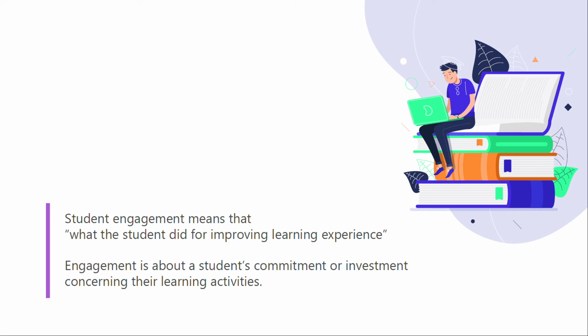What is student engagement? It is about what the student does to improve the learning experience. A lot of studies have proven engagement can provide an important link with student achievement and success in academic performance.